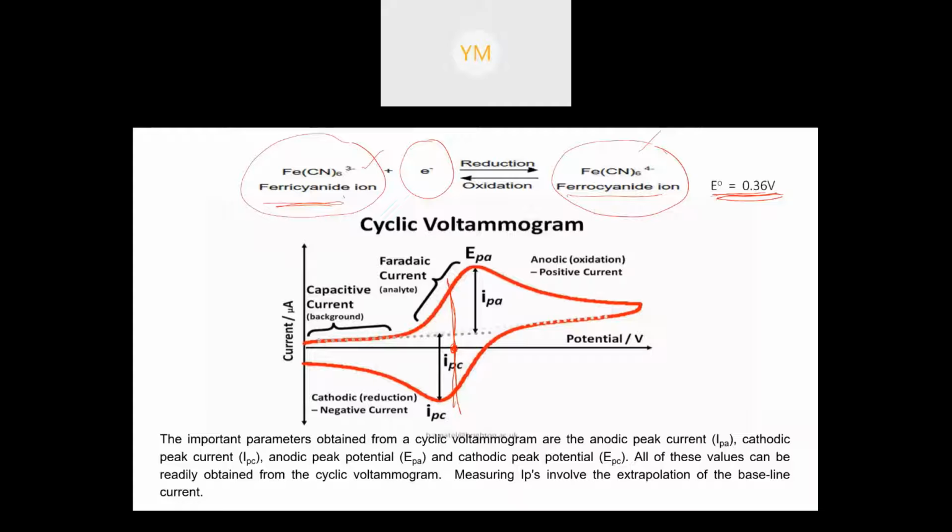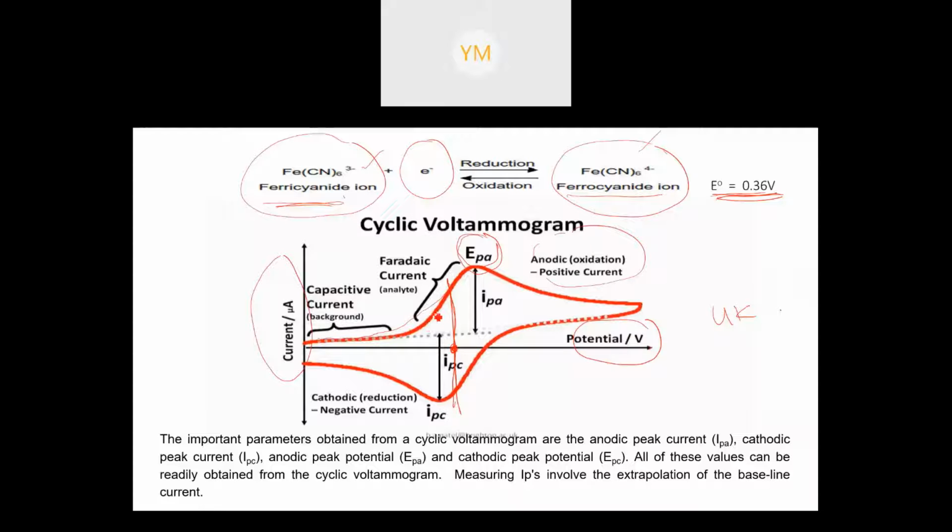Okay, so what parameters can be drawn from the cyclic voltammogram? The EPA. This is the UK convention because this is oxidation. So you can get the EPA. The y-axis is current, the x-axis is potential.